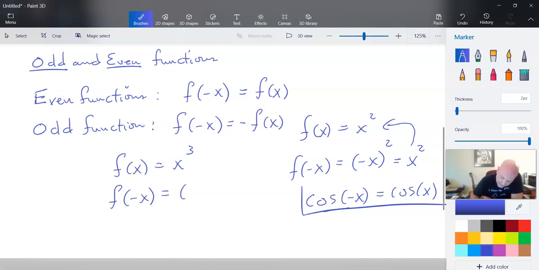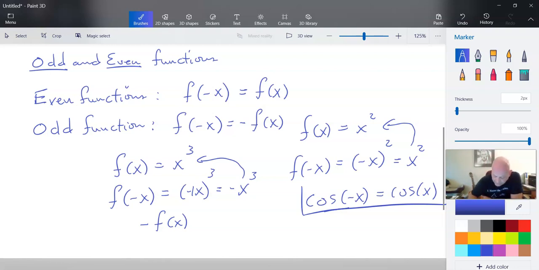So that makes it negative x, and I'm going to cube this. Well, I can treat this like a negative 1. And if I multiply a negative times a negative times a negative, so I'm doing it 3 times instead of 2, I get a negative back. So this ends up being negative x cubed, which is the negative of that function. This negative x cubed is the same thing as negative f of x, right? So this is an odd function.